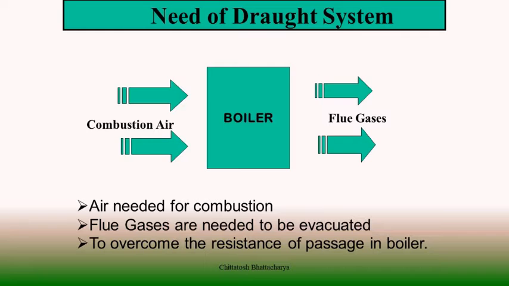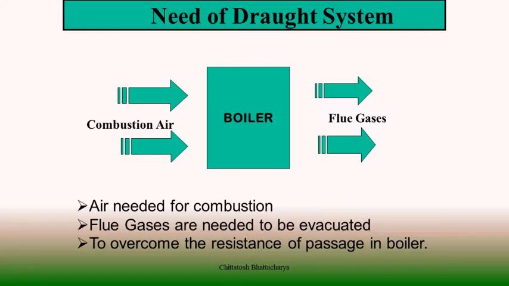In the boiler, we are required to supply combustion air, and this combustion air comes in different forms, either primary or secondary air, to supply oxygen for the combustion, and as a result of combustion we get the product of combustion.